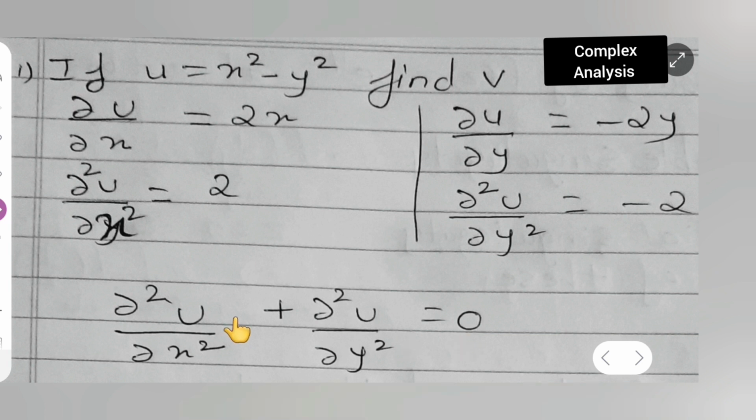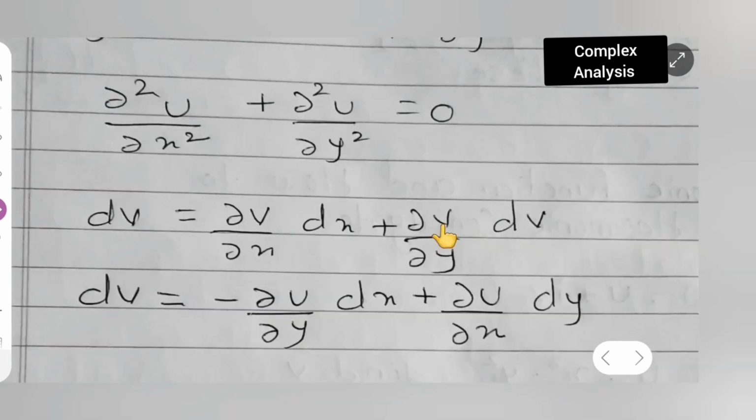This satisfies the Laplace equation. This is a real part of analytic function f(z). Now we have to find the value of v, the harmonic conjugate of u.